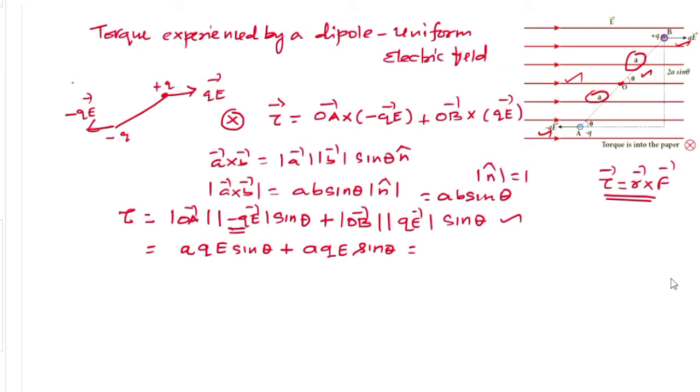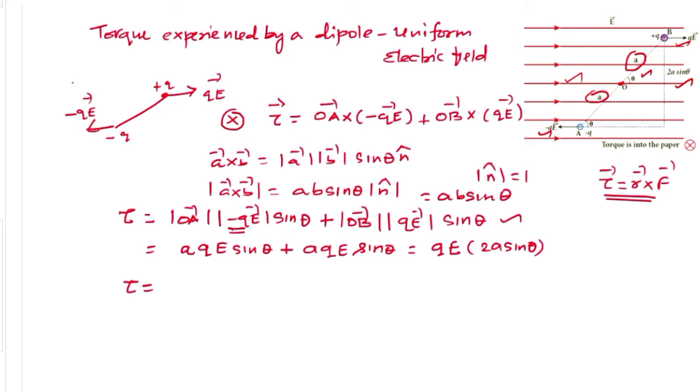So together we get QE into 2a sin theta. Actually this 2a sin theta is the perpendicular distance.